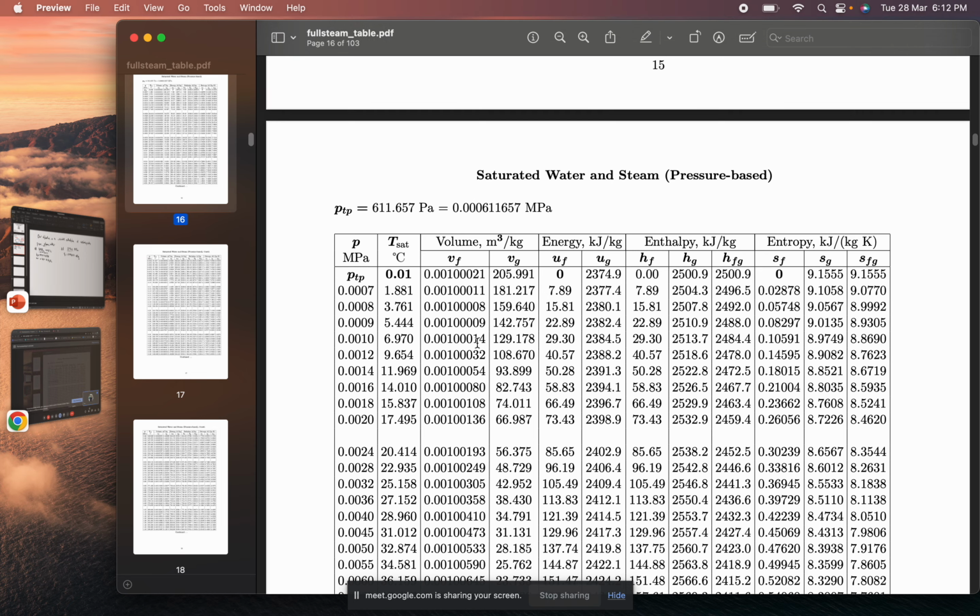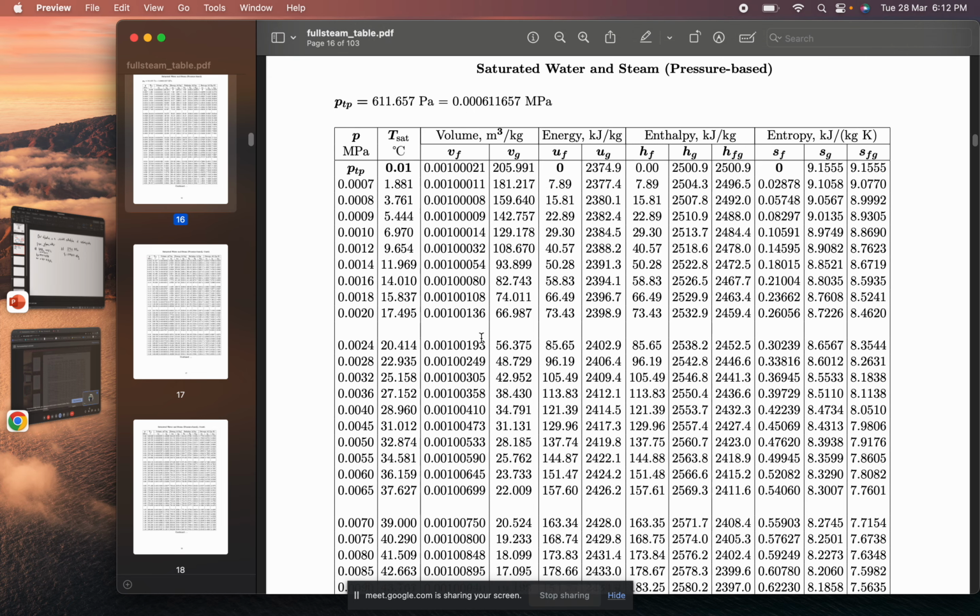Oh sorry, this is 0.016, I am very sorry. Yes, so this is 0.016, so 1.0471.